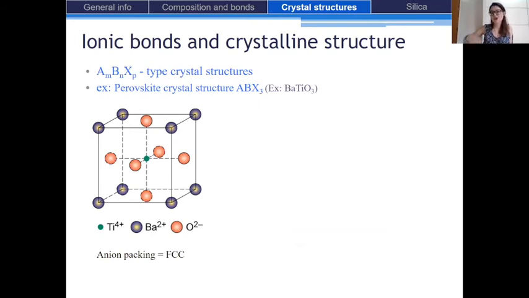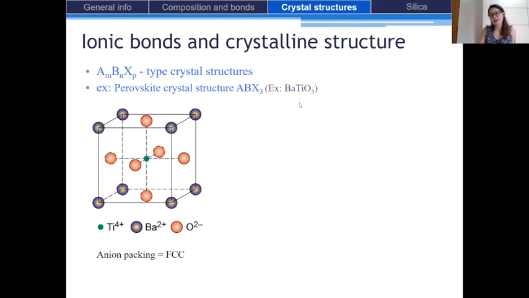So now let's go to a much more complex situation where you no longer have only one kind of anion and one kind of cation, but you begin to have 3 kinds of ions in your crystal structure, which is a kind of perovskite crystal structure, ABX3, like the one that we introduced, barium titanate.